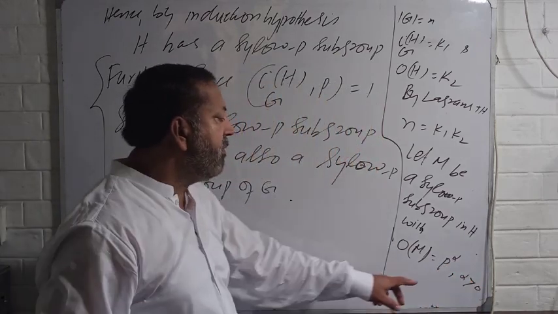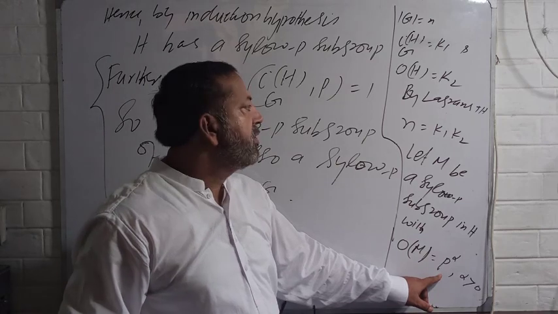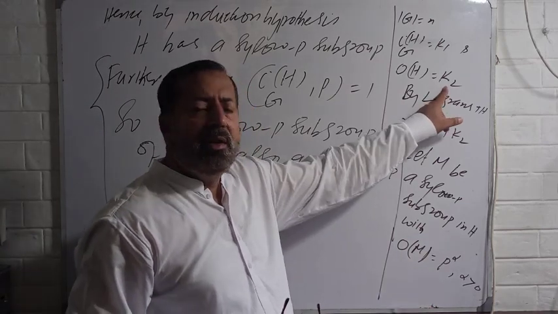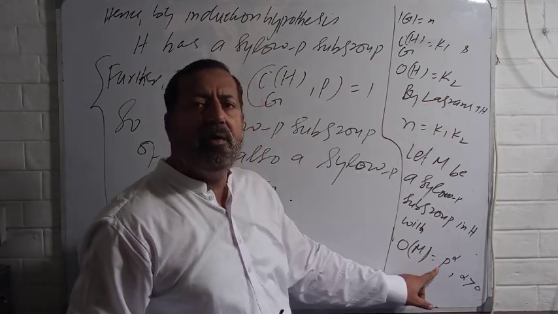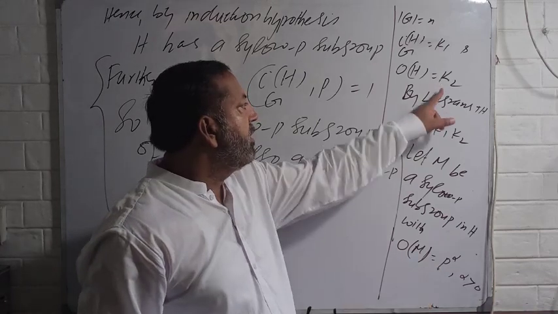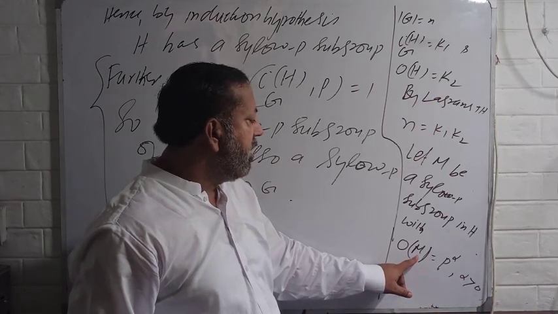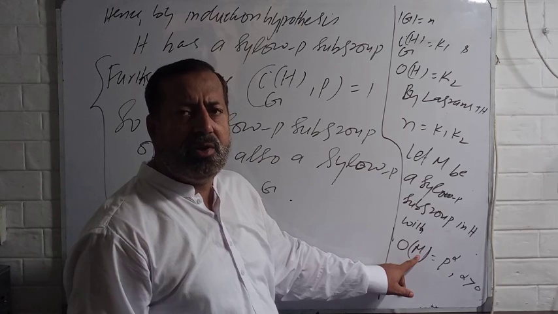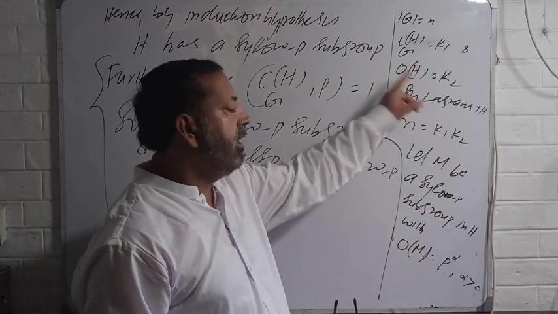You write M because we are using this prime as well. This means that P power alpha is the highest power which divides K2 and no higher power than alpha would divide K2, because you have taken M as a Sylow-p subgroup in H.